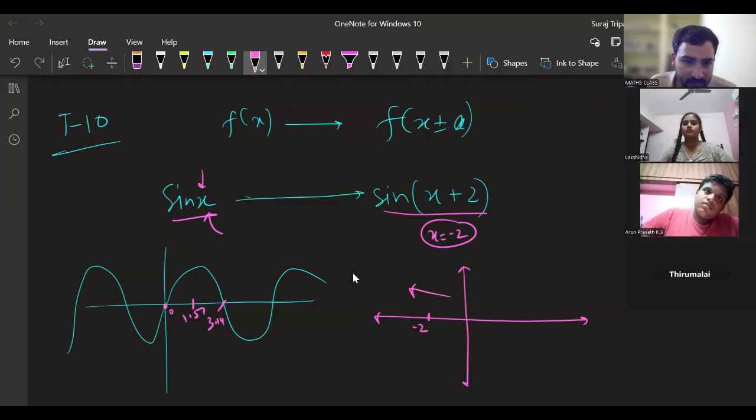So suppose 2 will be there, and this 2 will come here. So the graph will look like this one. Like this. Right?